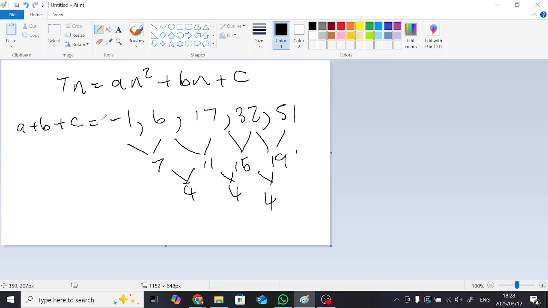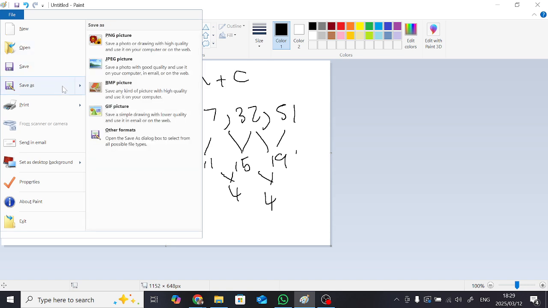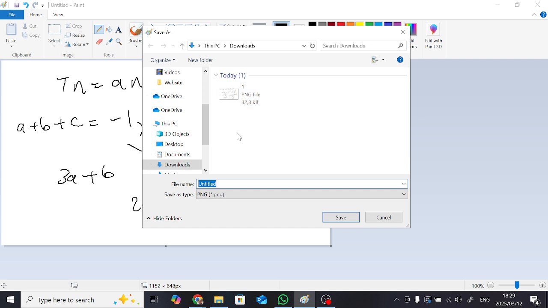Let me move it a bit to the side so I can draw this better and you can see what's going on. The first term is equal to A plus B plus C. The first constant difference is equal to 3A plus B, and the second constant difference is equal to 2A, right? So we can solve each one of these equations and find out what the values of A, B, and C are.